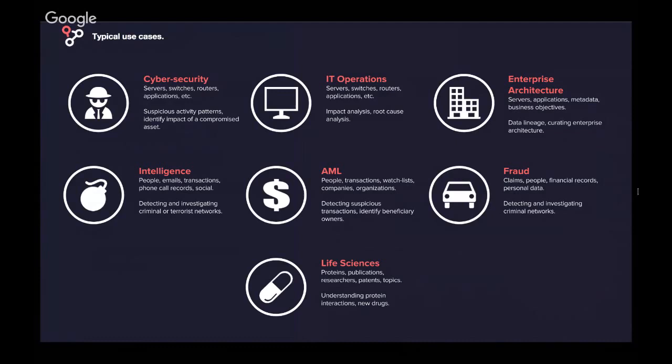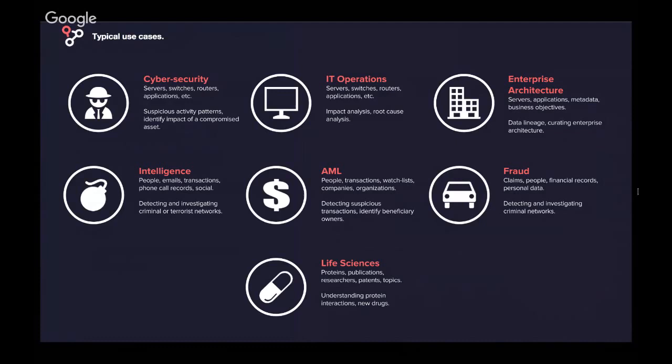Other use cases involve intelligence analysis. This is something more reserved to government agencies who are interested in connections between individuals, emails, transactions, phone calls, and social media data. In that domain, the goal is to detect and investigate criminal or terrorist networks. We are also seeing a number of financial institutions doing anti-money laundering or fraud detection with graph technologies like Linkurious.